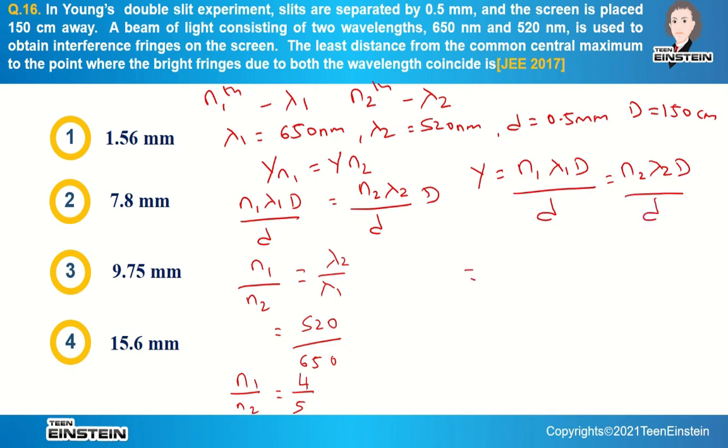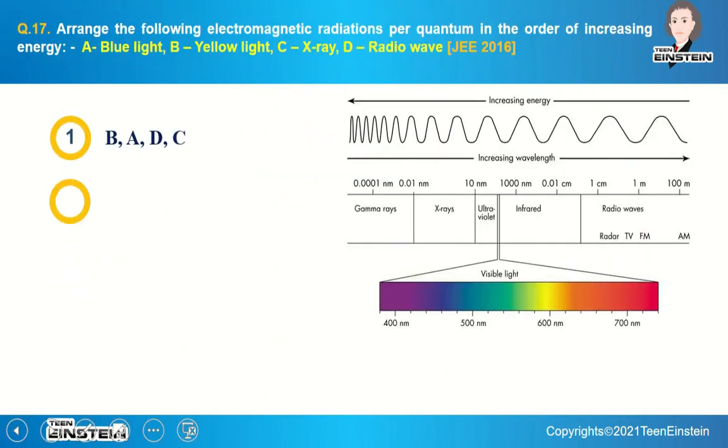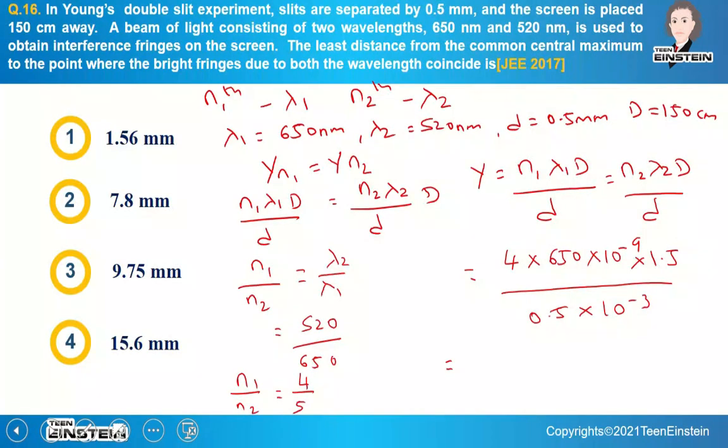You know the ratio of n1 by n2 is 4 by 5, so it is 4 into 650 into 10 power minus 9 into 1.5 divided by 0.5 into 10 power minus 3. If you solve this, you will get the answer as 7.8 mm. So the correct answer is option 2, 7.8 mm.